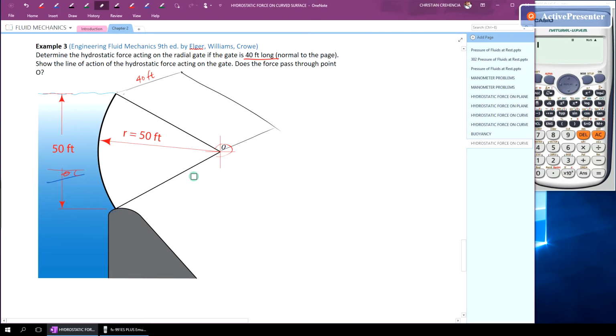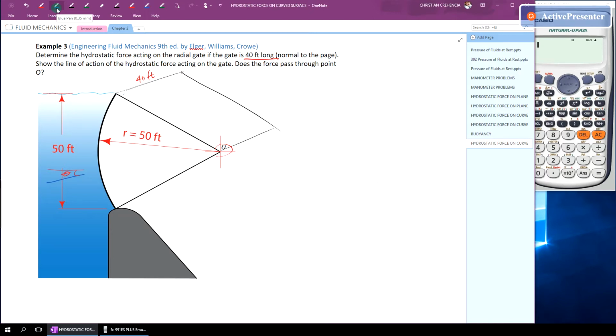Okay. So, in curved surface, we solve the total hydrostatic force by components, no? So, first, of course, is the horizontal, then the other one is the vertical component of hydrostatic force. So, simulan natin sa horizontal component.